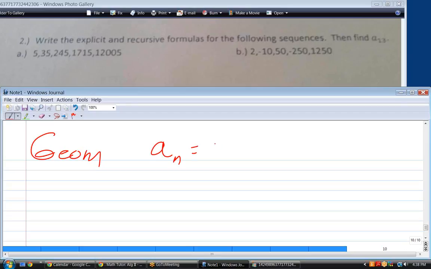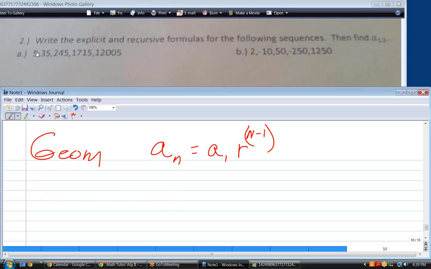I don't remember. It's a sub 1, both arithmetic and geometric start out a sub 1, but in this case it's times r to the n minus 1. Okay? Let's see if that works.